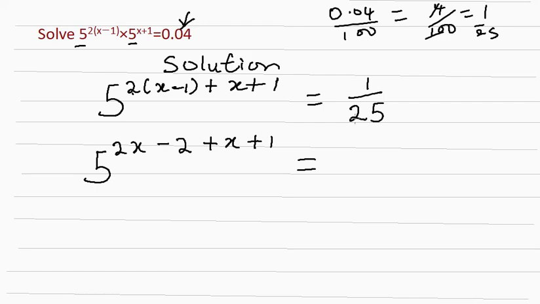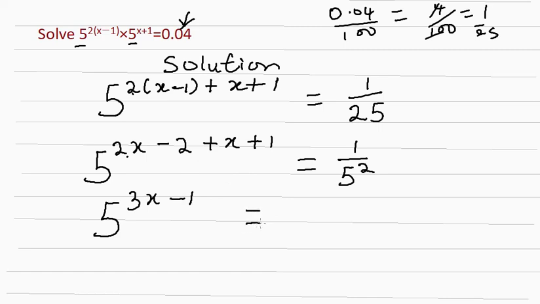So it's the same as 1 all over 5 raised to the power of 2. Okay, so you know very well that collecting like terms, 2x plus x gives me 3x. Minus 2 plus 1 gives me minus 1.